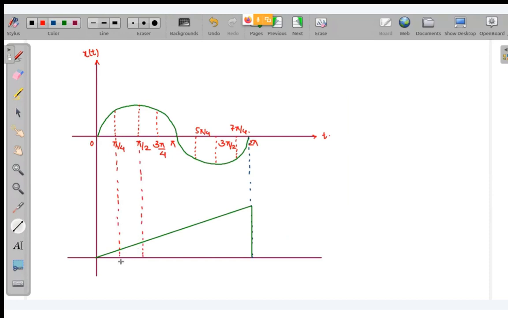See, I am going to take just 2 points over here. If this corresponds to pi by 4 and this corresponds to pi by 2, and this point is 0, this is also x(t) in voltage. Here I am assuming this is y, sorry, let this be z(t).